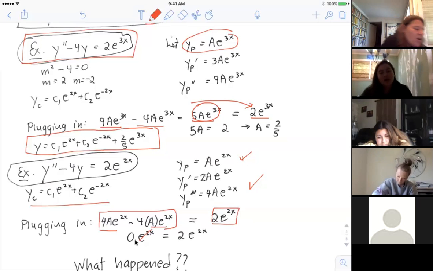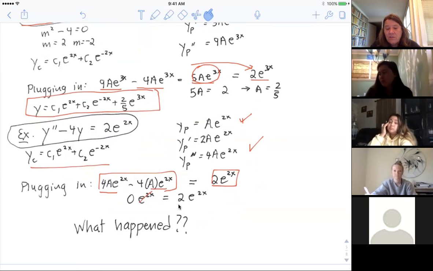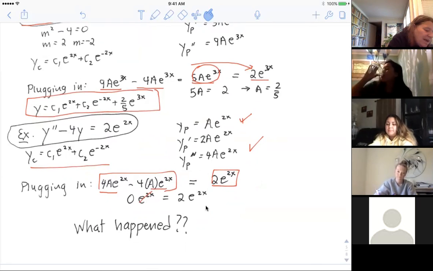So you come into a sort of a problem here. What you got when you plugged everything in on the left with your proposed guess was 0. That can't happen. This is never 0 right here. 2 times e to the x is never 0. So this cannot happen right here.